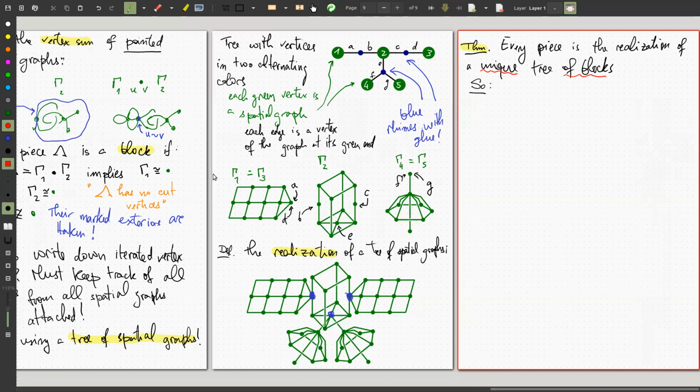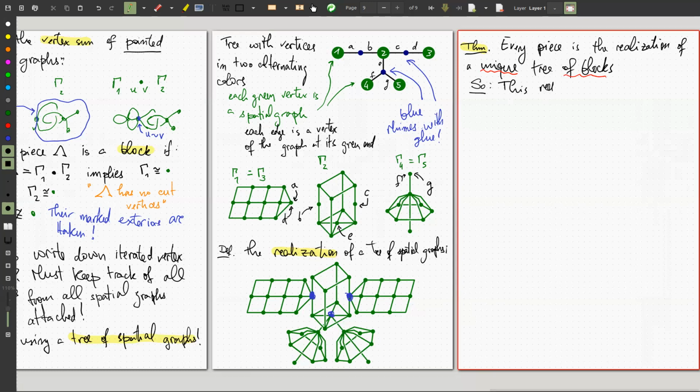But we can do this. I don't want to go into the details of how, or maybe I'll do it afterwards. I then reduce to testing the isomorphism problem for blocks, and those have Haken exteriors. So we're done.